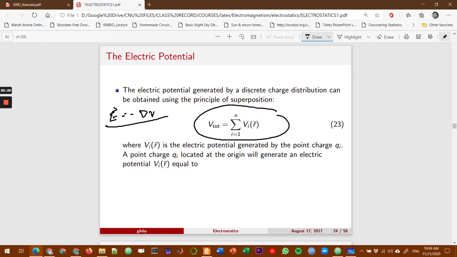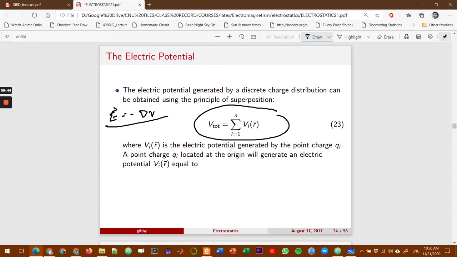So this is somewhat similar to the one that we had in calculating the electric field using the superposition principle. So this is the potential generated at each point given by a discrete charge Q. Q1, Q2, Q3, you get the potential V1, V2, V3, and so on. Then you can get the total potential by summing all those individual terms.